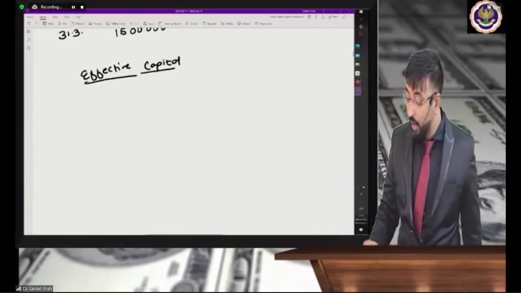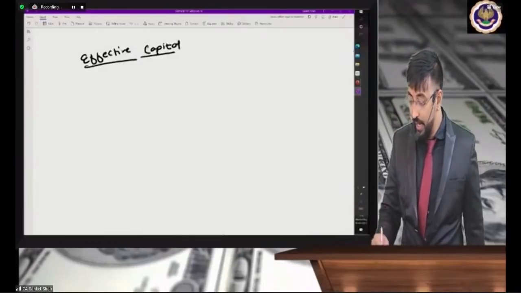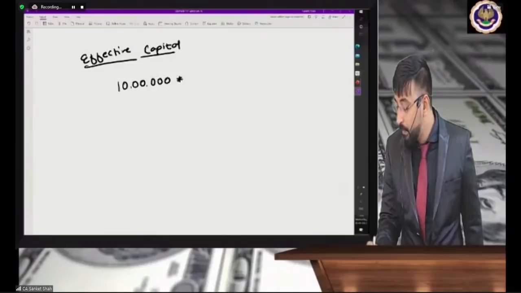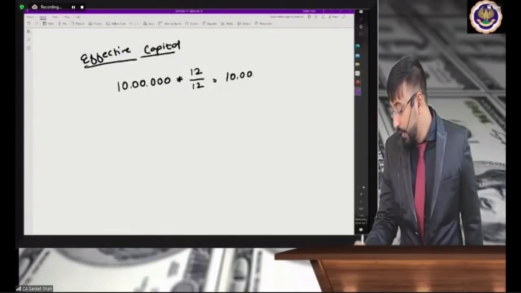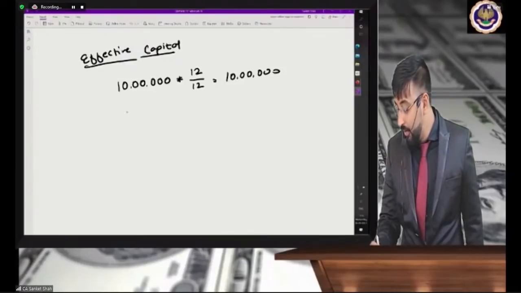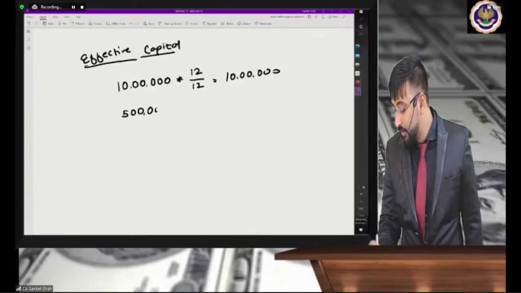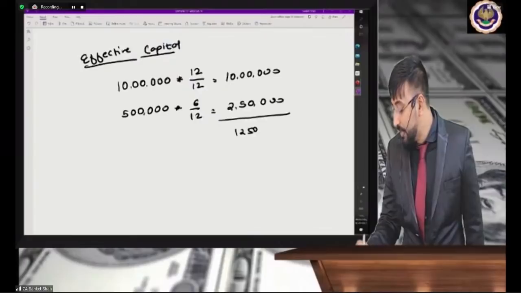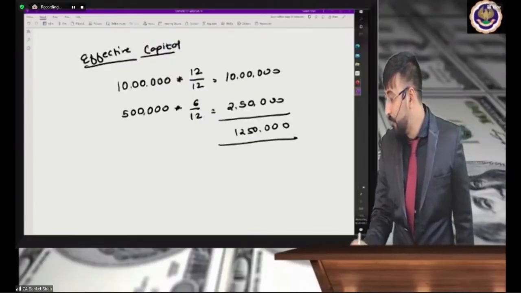Now I am giving you one shortcut for effective capital. Now effective capital, how does it help? Okay. So effective capital 10 lakhs for how many months, beta? It is for full annum, full year. So 10 lakhs. And tell me about 5 lakhs. It is for only 6 months. So this is 2,50,000. So your effective capital in business is 12,50,000.